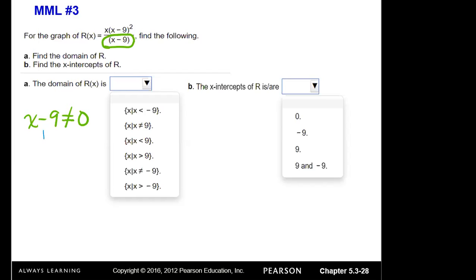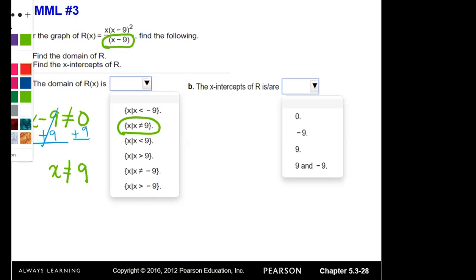So if I add 9 to both sides, that cancels. I'm left with x is not allowed to be a 9. So that would be, it's a drop down box. I will click on that one right there.